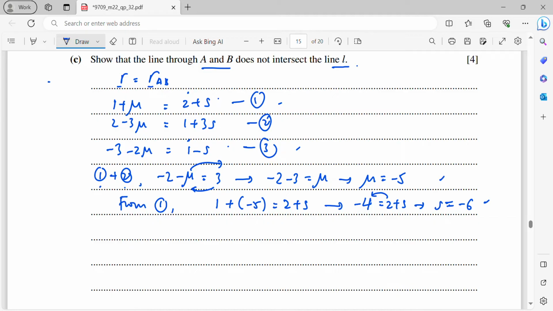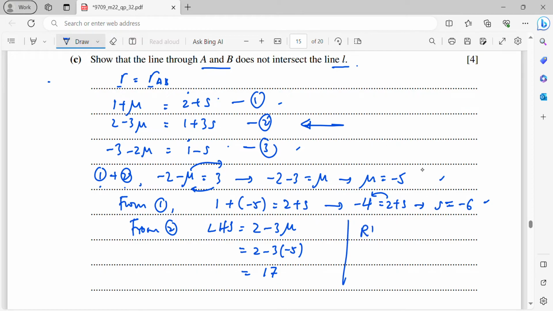After you found these 2 unknowns, substitute into the remaining equation. So I will substitute into the second equation for checking. My left hand side on the second equation will be 2 minus 3 mu. Now I replace the mu value by minus 5. So you will get 17.